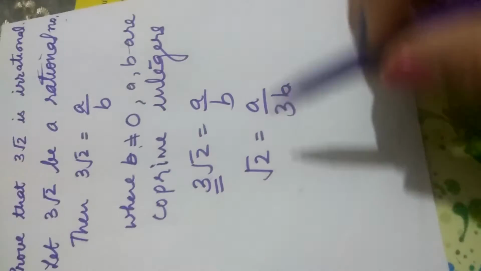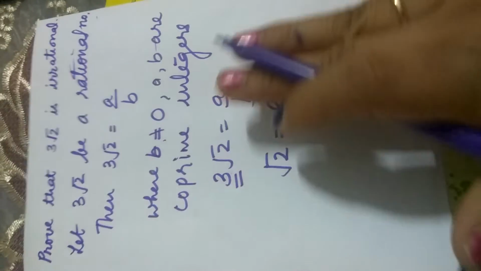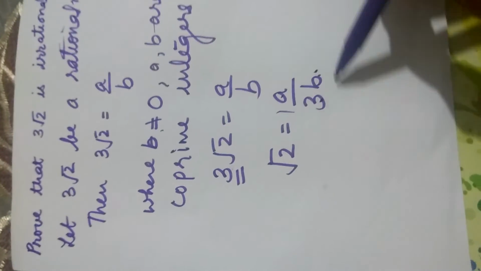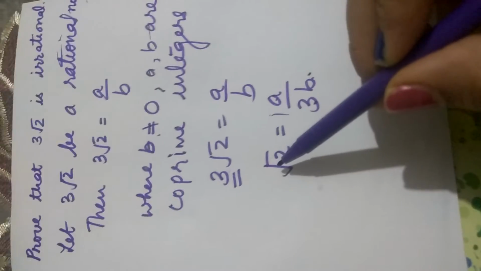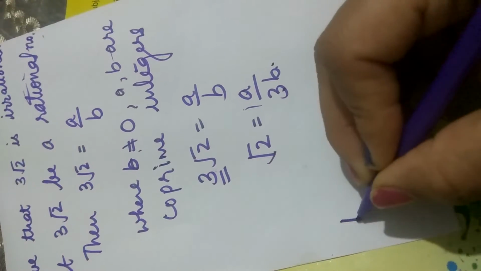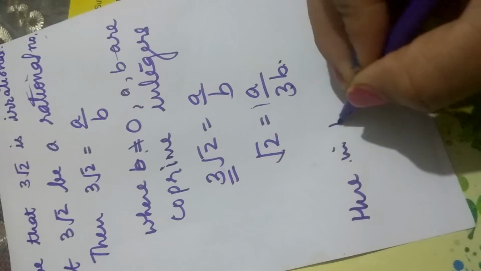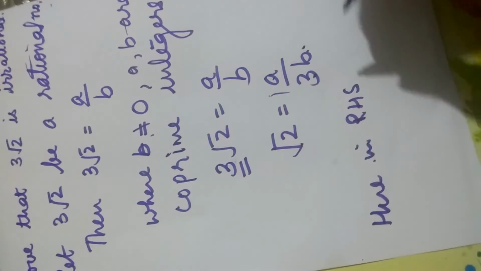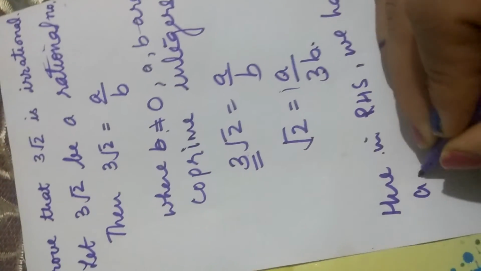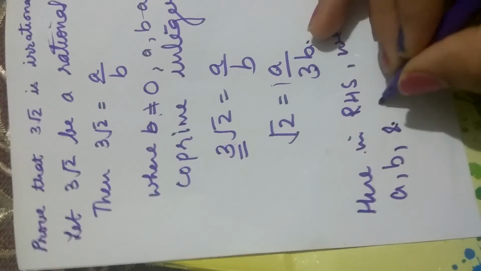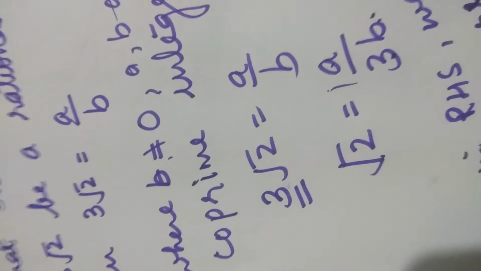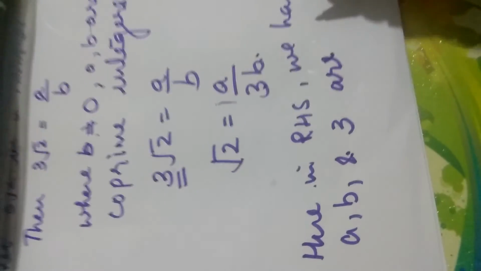Then I will say that in this equation we can see that there is an LHS and an RHS. The RHS has a and b as integers and 3 is also an integer. This complete is a rational form, and we are given that root 2 is irrational. So here in RHS, a, b and 3 are rational.